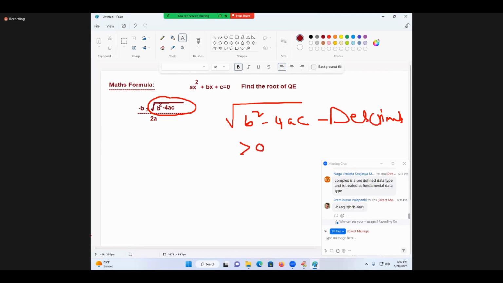If the value you are computing is greater than 0, then roots are real and distinct. This is all school-level mathematics.